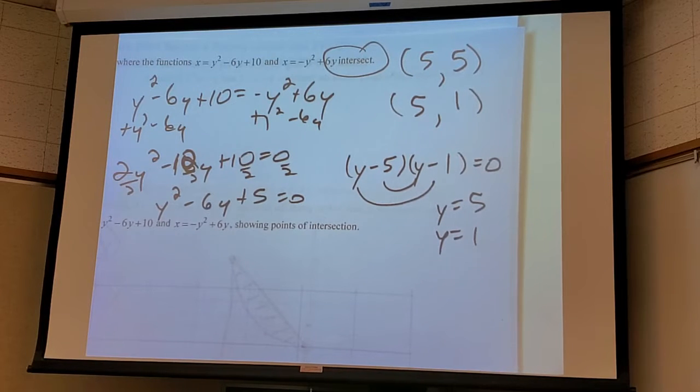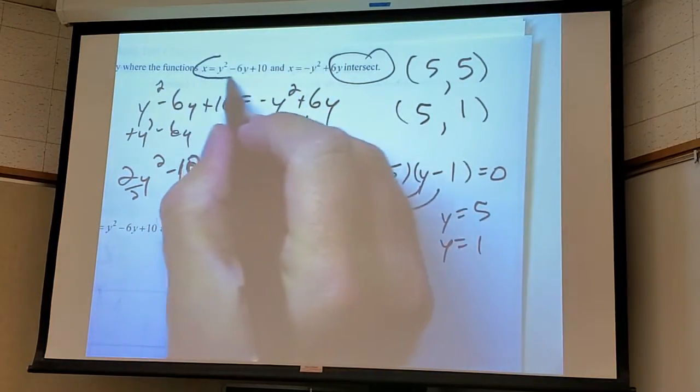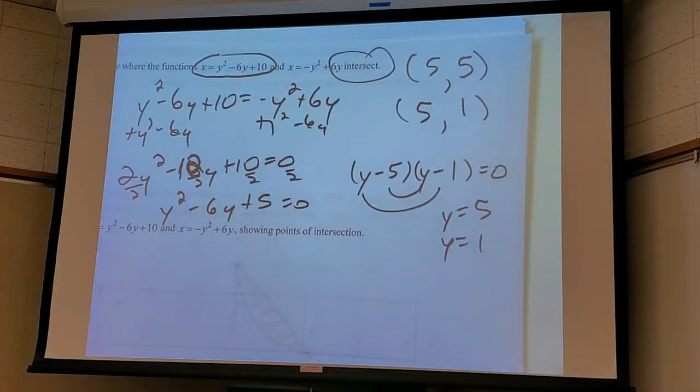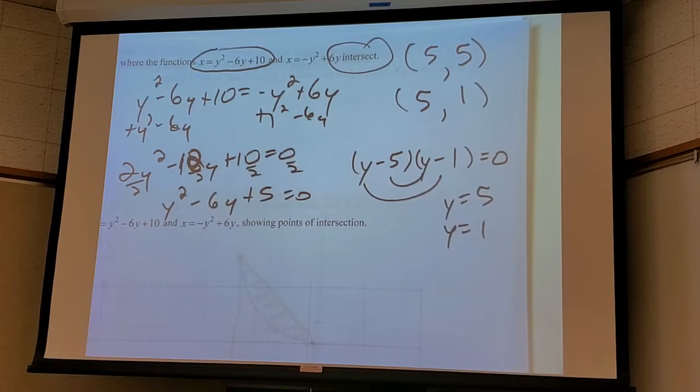Alright, so let's see. Do you know what this is going to look like? Yes, thank you. The parabola opens this way, right? In the positive direction. I love it. Okay, so let's plot a few points. Let's see if you can get more specific here.